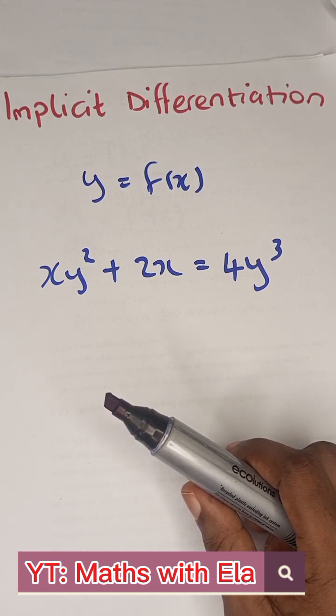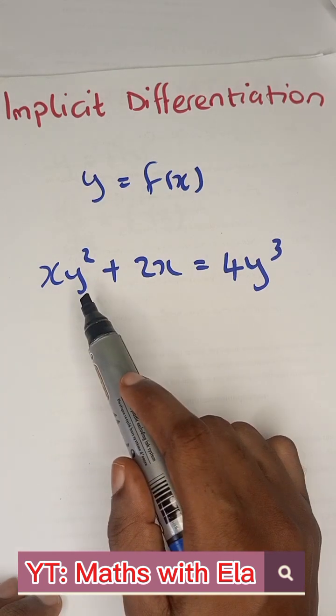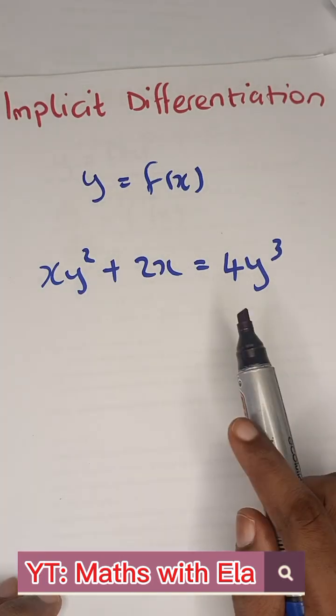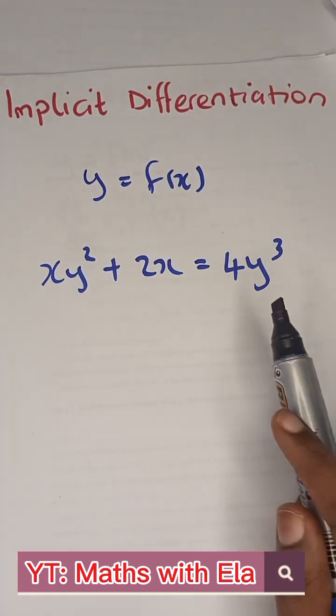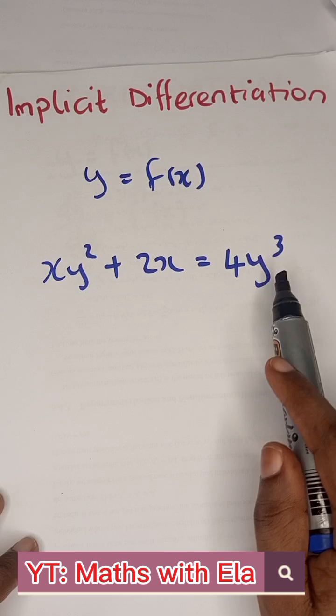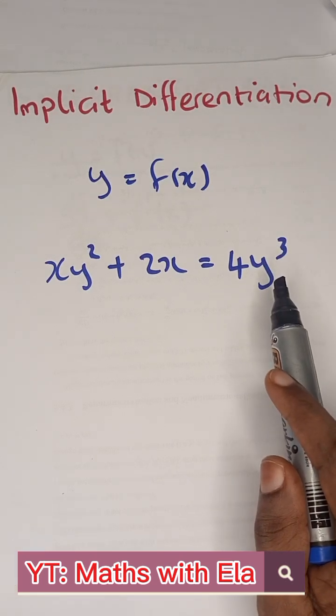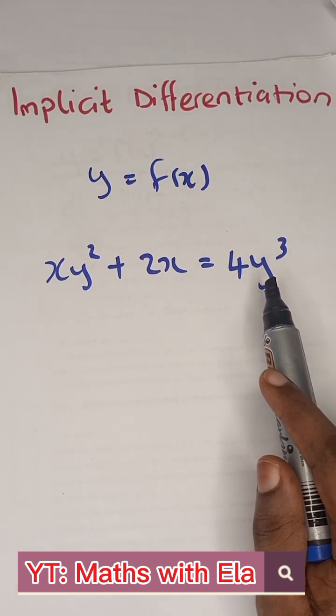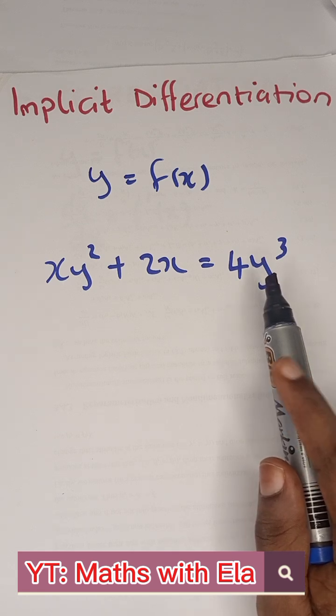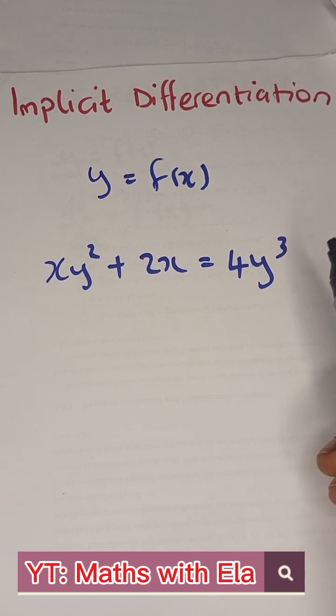But in case we have a function such as xy squared plus 2x plus 4y cubed, this function is an implicit function, and in order to find the first derivative of y with respect to x, we are going to proceed implicitly.